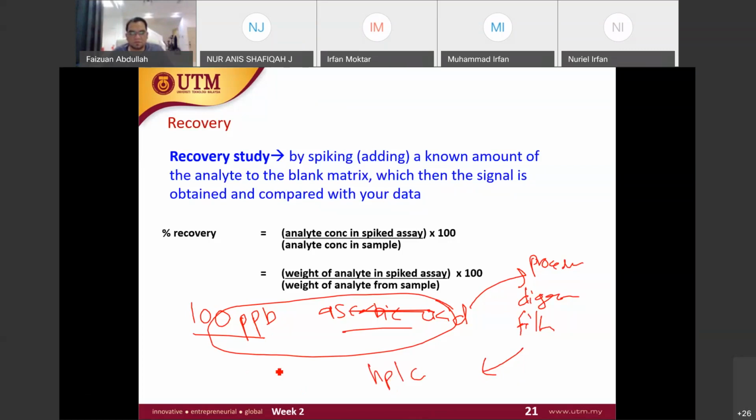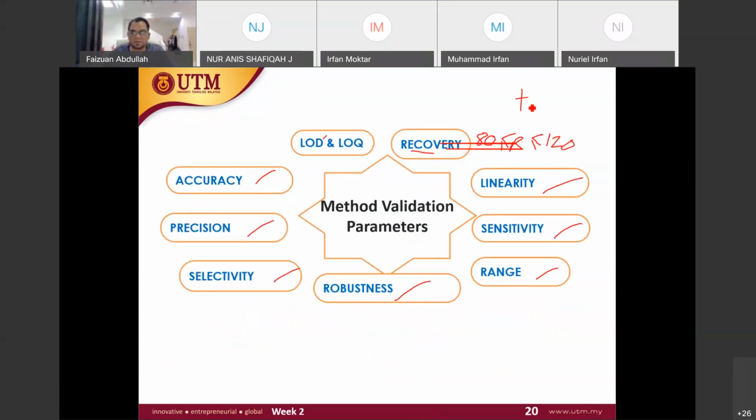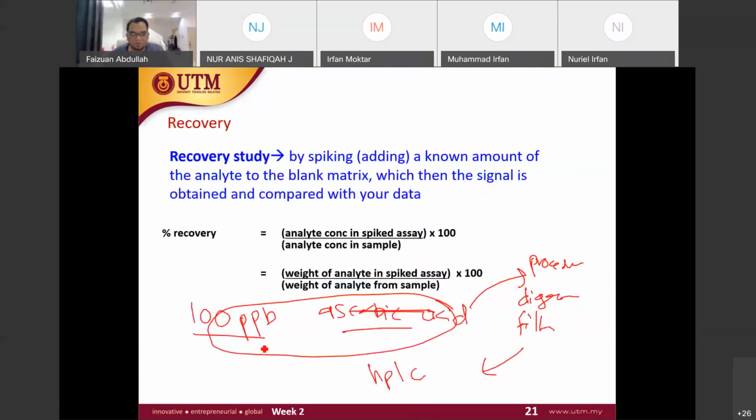The concentration that we get, for example, we have an acceptable recovery of plus minus 20%. Meaning that we know the concentration is 100 ppb for ascorbic acid, right?